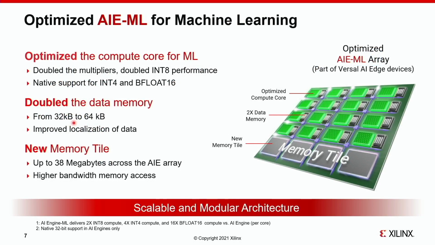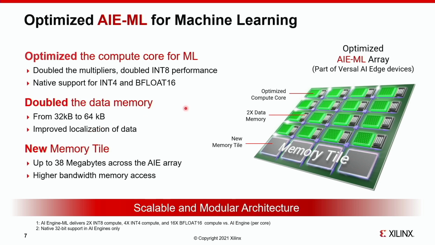Now, as I said before, today we're introducing and providing additional technical details on the AI/ML architecture optimized for machine learning. Some of you, as I said before, might be aware of the first generation AI architecture that was introduced a few years ago.